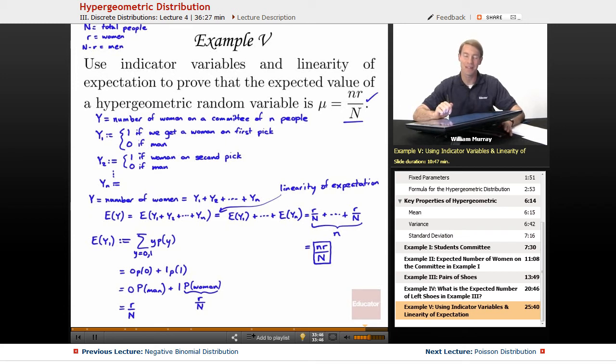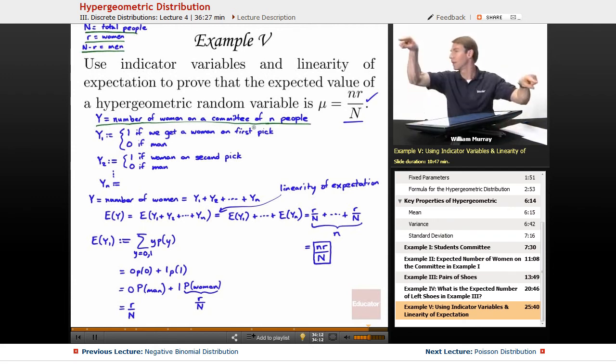So in case that didn't make sense, a quick recap here. Capital N was the total number of people in the room. Little r is the number of women, which leaves capital N minus r to be the number of men left over. We're going to pick a committee of little n people, and capital Y is the number of women we get on our committee. But one way to break that down is to look at our picks one by one.